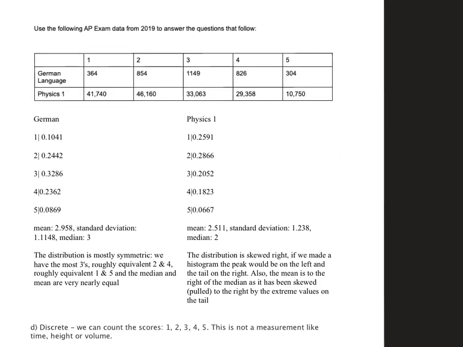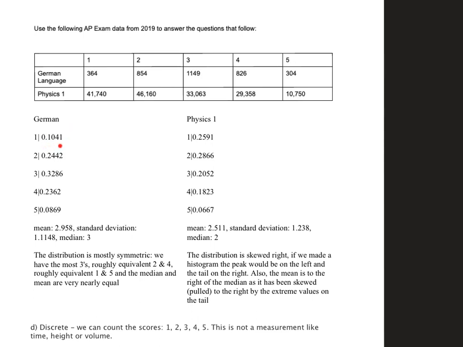No, I didn't copy the question, but what it asked us to do in part A was to create a probability distribution for each exam. So we've got German on the left, physics on the right, and I asked you to format it a particular way. You've got each possible outcome, so you can get a 1, a 2, a 3, a 4, or a 5, and then the probability of that happening for each exam.